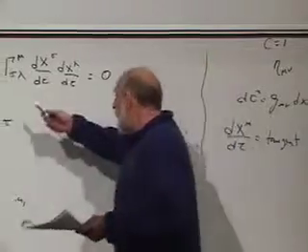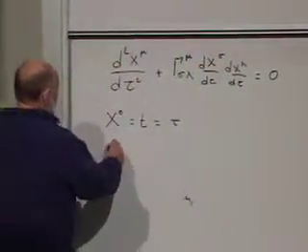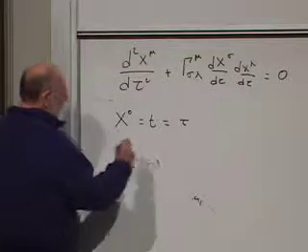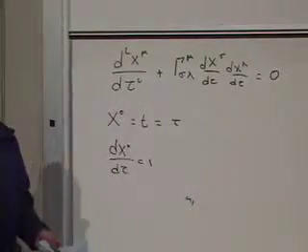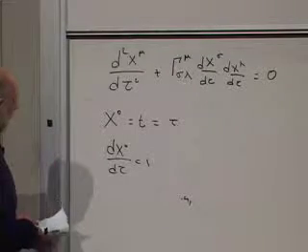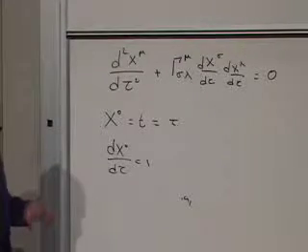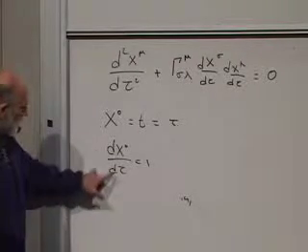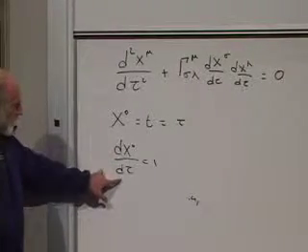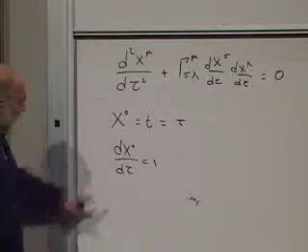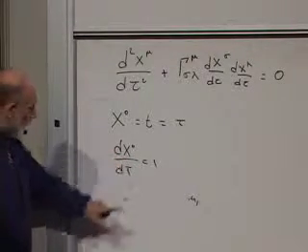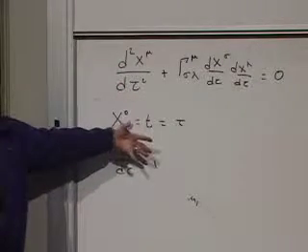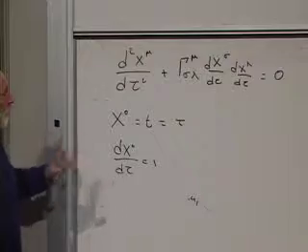But that in particular says that dx naught by d tau is equal to 1 plus tiny, tiny corrections. Corrections which are small when things are moving slowly compared to the speed of light. And if dx naught by d tau is always equal to 1, then the second derivative of x naught with respect to tau squared is always going to be very small. So we don't have to worry about that.